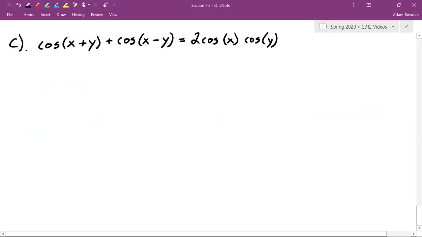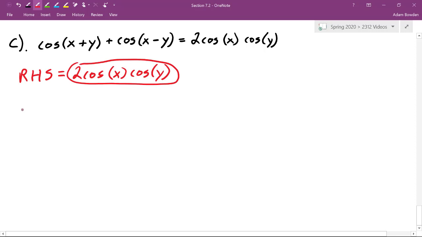So here's another example that goes cosine of x plus y plus cosine of x minus y equals 2 cosine x cosine y. So let's see how we're going to make this work. In the case of the right-hand side, it's 2 cosine x cosine y, so there's not a whole lot to do here, so we'll go ahead and leave this side as is for now and take a look at the left-hand side.